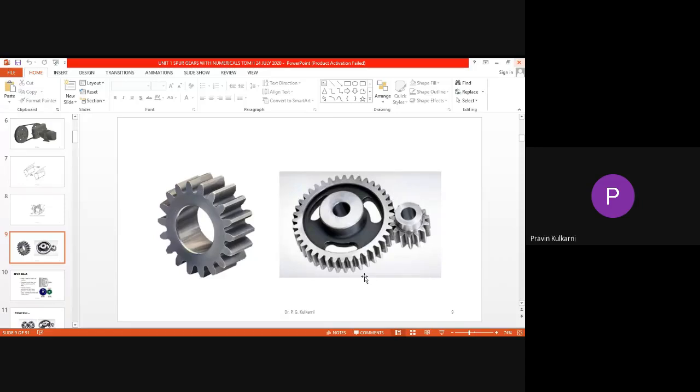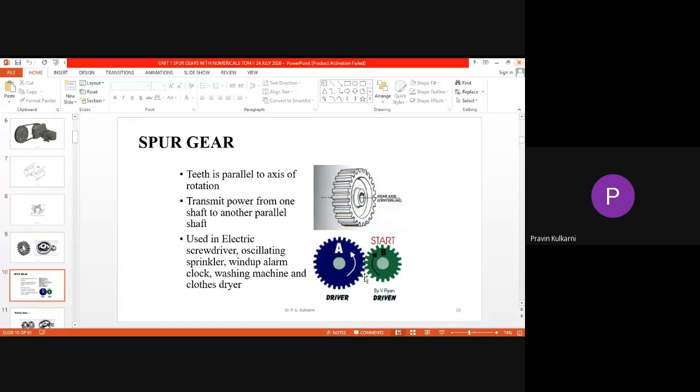Helical gears give smooth operation as compared to spur gears. Two external spur gears rotate in opposite direction, whereas in case of internal external pair, sense of rotation is going to be same.